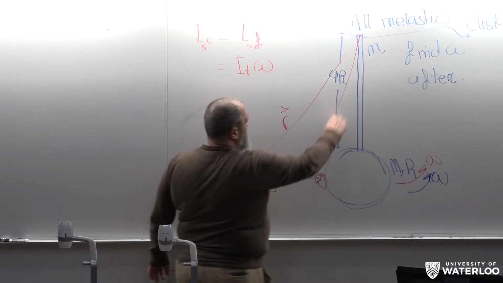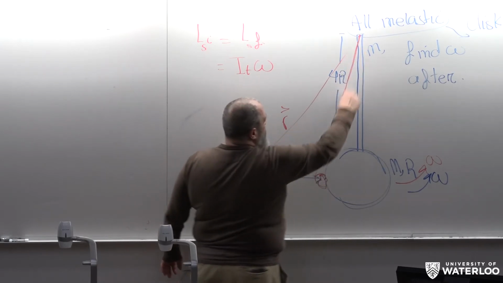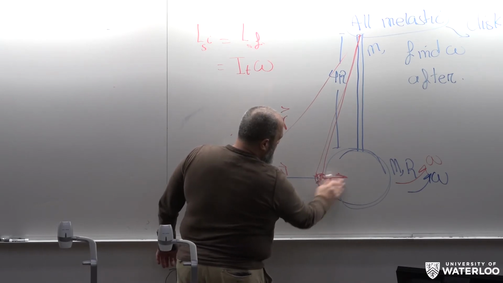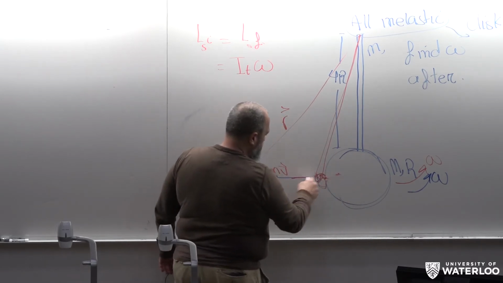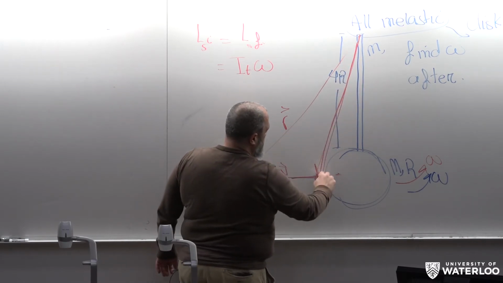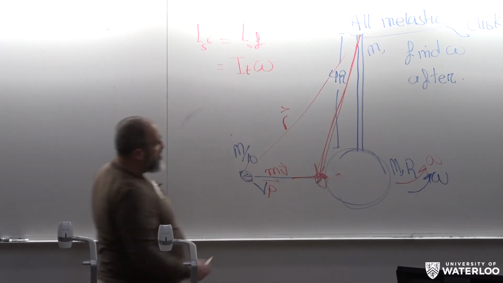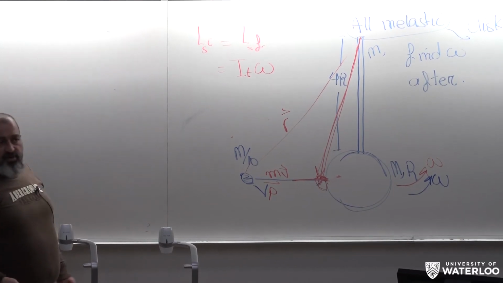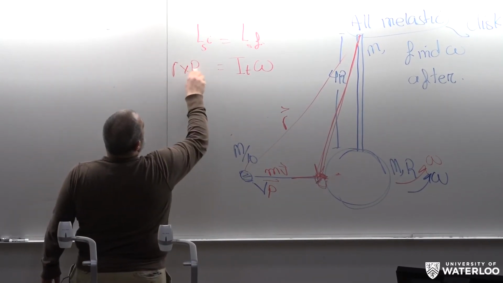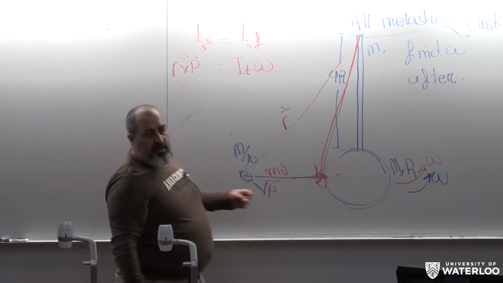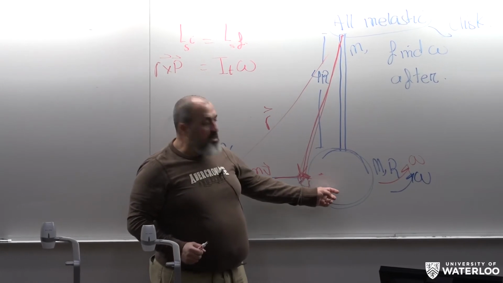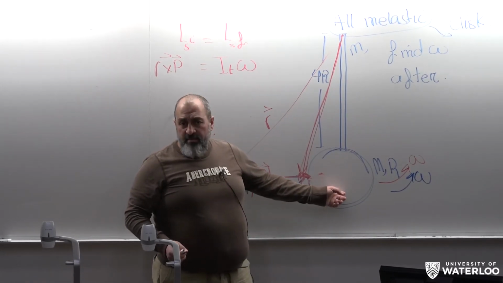R cross P. Now, what some of you are trying to do is to say that you have P coming in this way, and R is this distance here, okay? Initially it's R cross P because initially this thing had no angular momentum.